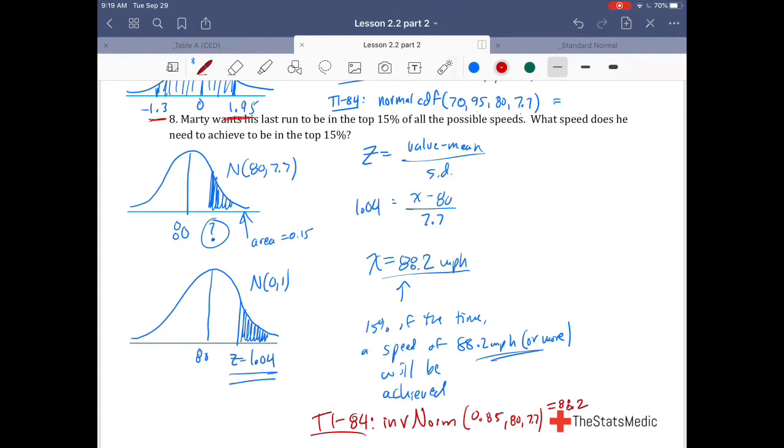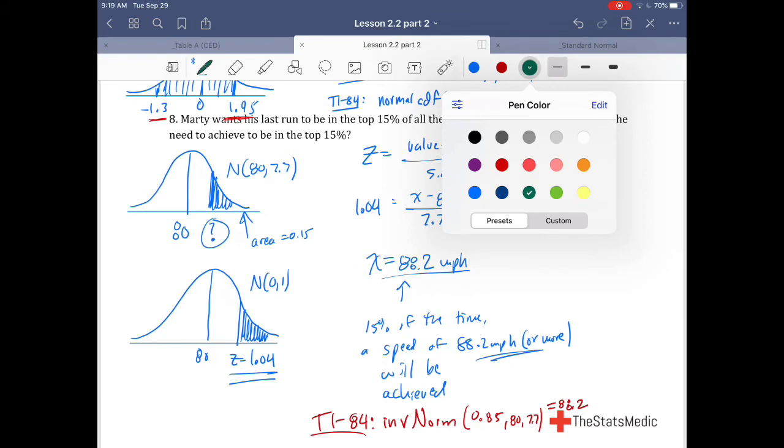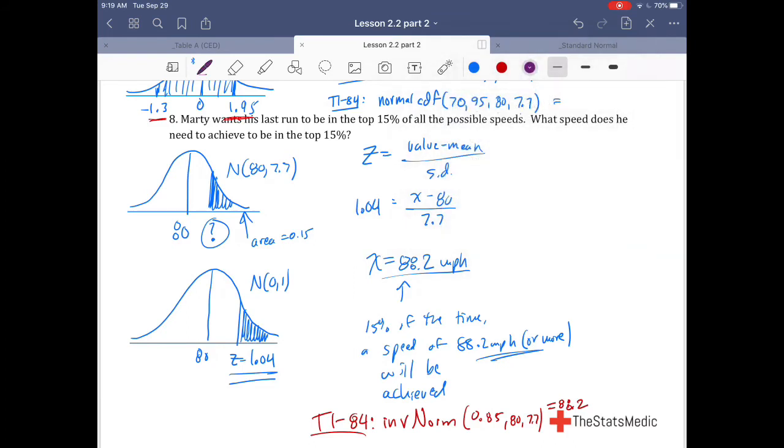One more thing before we totally debrief on this topic. It's really important to note what gets you full credit, because again, we are talking about AP tests. So for this style of problem, to get full credit, not just for number 8 but in general, you're going to want the unstandardized picture and the standardized picture.